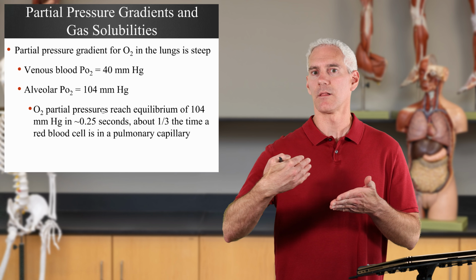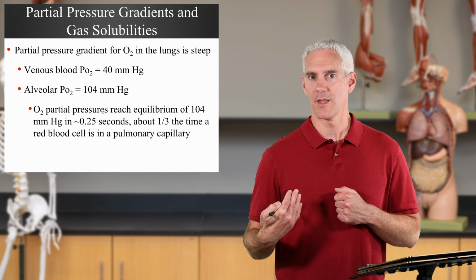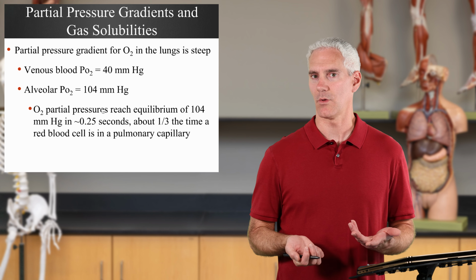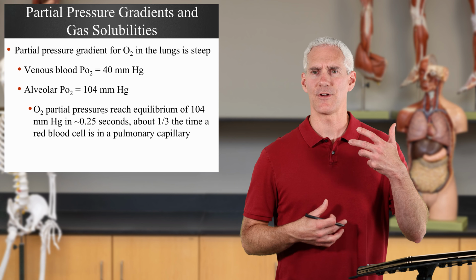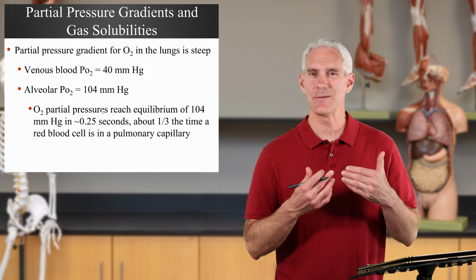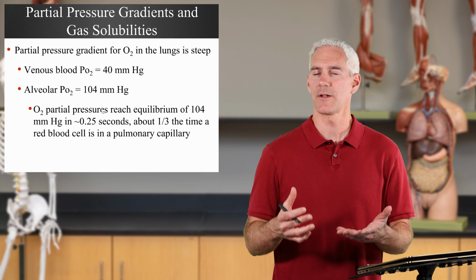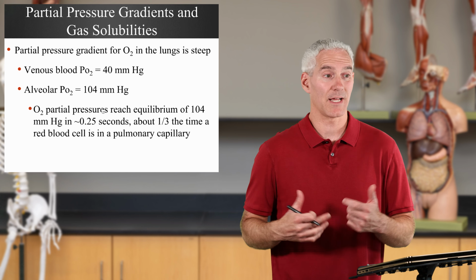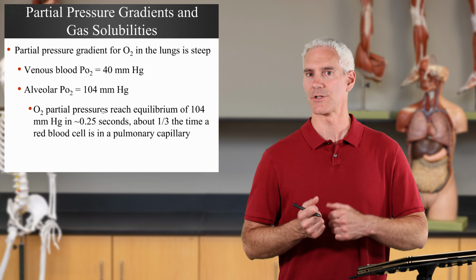That's going to go into the actual alveolar blood as it's going from 40 up to 104. That's the goal. Now, when you're working out very heavily, you're really breathing deeply, you might not have enough time to get there because your blood flow is increased. But at rest, you should be able to reach pretty close to that equilibrium by the time the blood leaves the lungs, the pulmonary circulation.